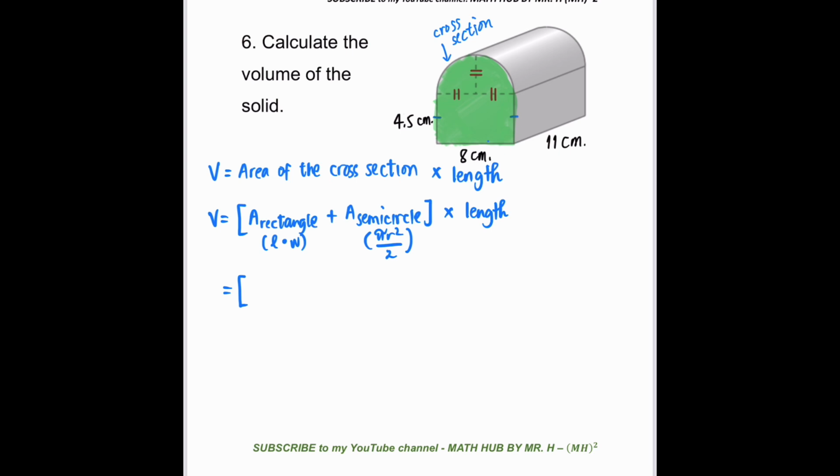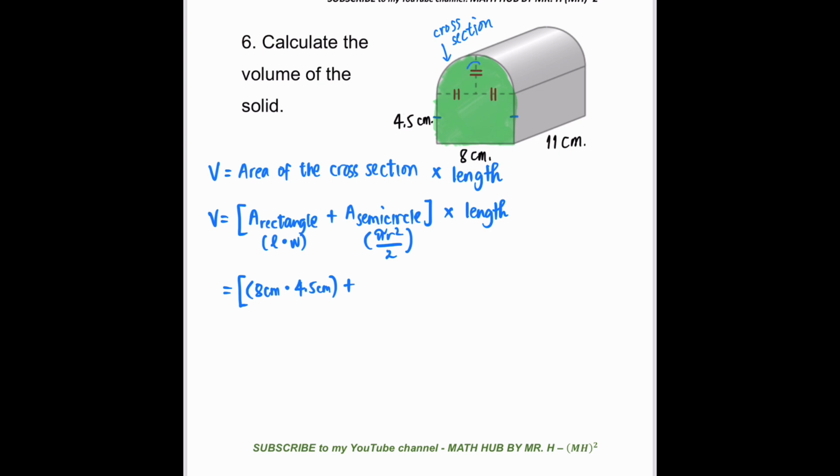So you can take a look at the diagram again. We have 4.5 centimeters times 8 centimeters. So here, 8 centimeters times 4.5 centimeters plus the area of the semicircle.